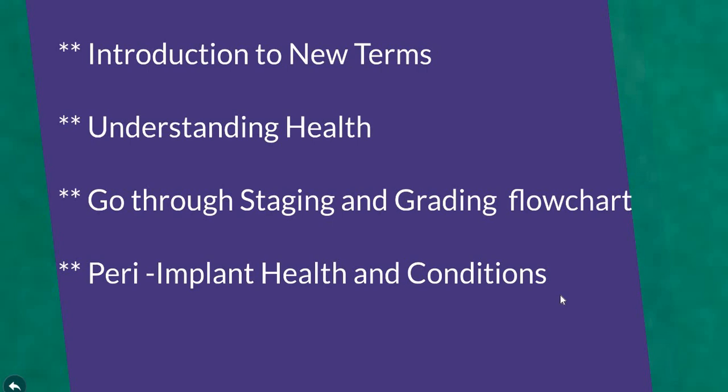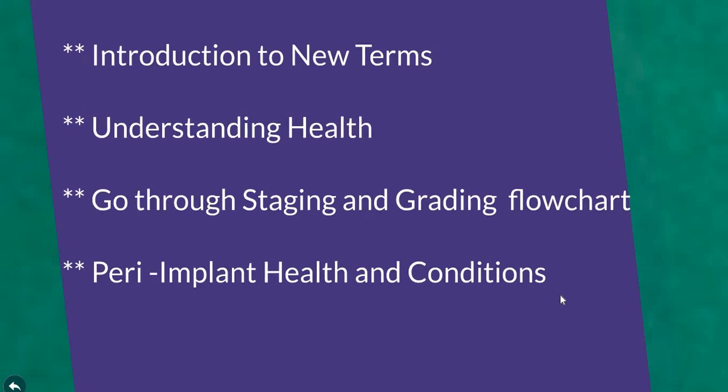As an objective, I'd like to introduce you to new terms: understanding health, which wasn't present in the previous classification, and going through staging and grading flowcharts, which weren't present in the previous classification, and peri-implant health and conditions in another meaning.